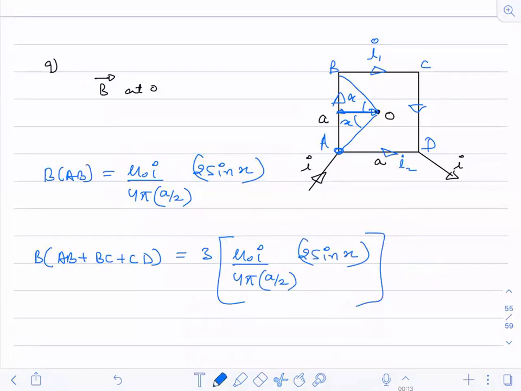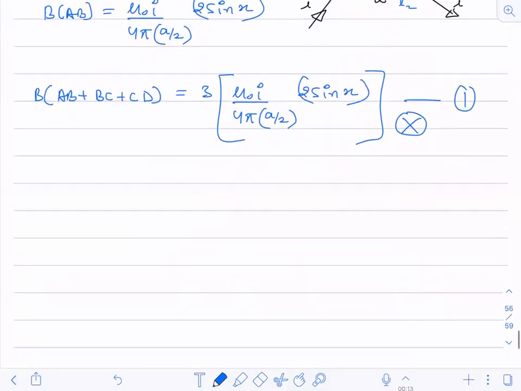Now, this is one magnetic field which is going downward. What is the direction for this? If you hold the wire in your right hand, you will have the magnetic field going inward. And due to AD, the magnetic field will be upward.